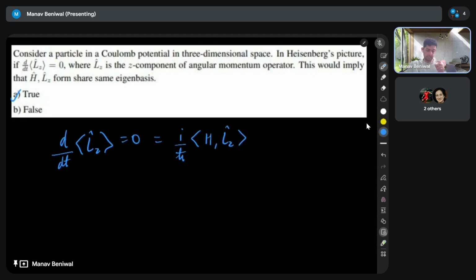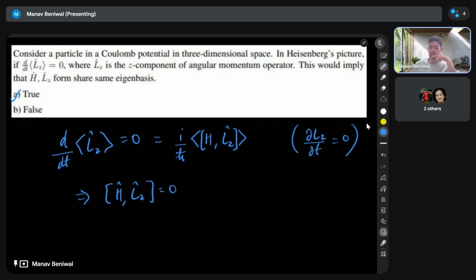And because Lz has no explicit time dependence, there is no explicit time dependence in the angular momentum operator, so this del Lz by del t is 0. So we will not have any second term. Basically this implies that they commute with each other. And because they commute with each other, they'll have the same eigenbasis. Therefore, this statement is true.